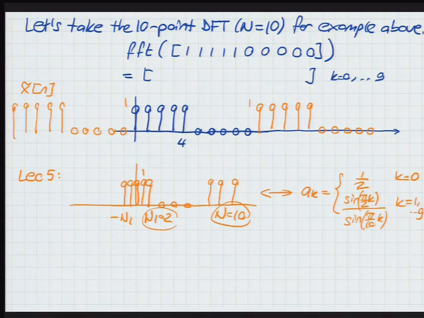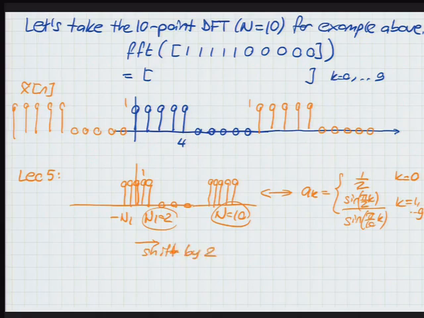Are we all good? Now, are they the same though? What's the difference? It's shifted, right? Shifted by how many time units? Shifted by 2.